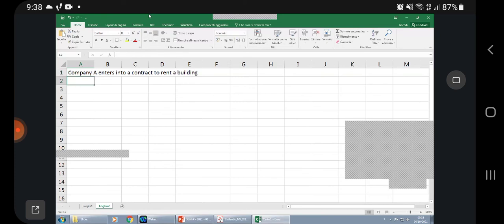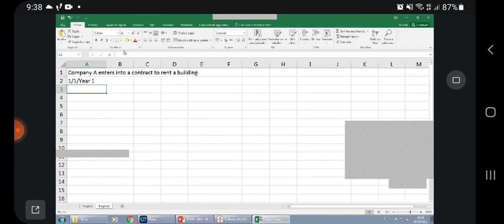The commencement date is 1st of January, year 1. In our example, we mostly use 1st of January. As you can imagine, contracts can be signed during the year in whatever day.